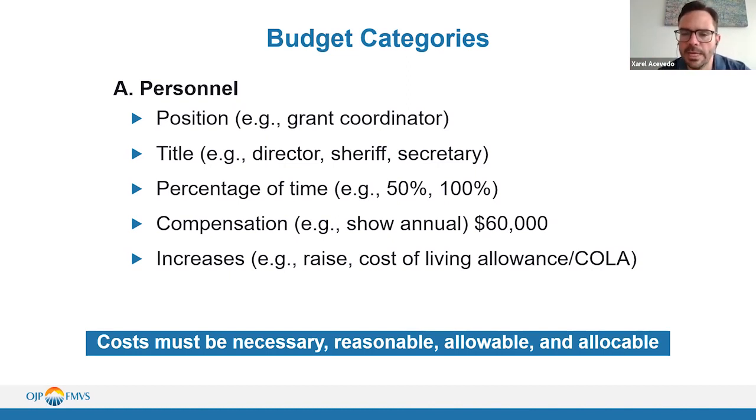And then we have the percentage of time. Remember that when we talk about percentage of time, it should be reflective of what they're actually working on the project. You could have someone within your organization that is working on, let's say, 4 awards.